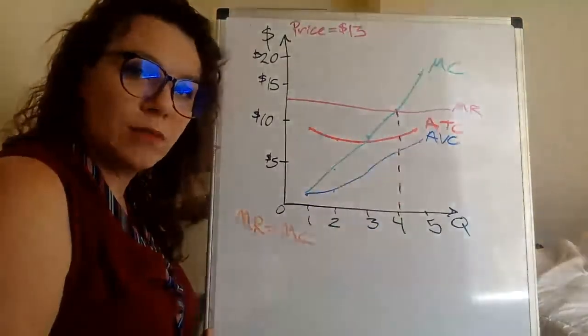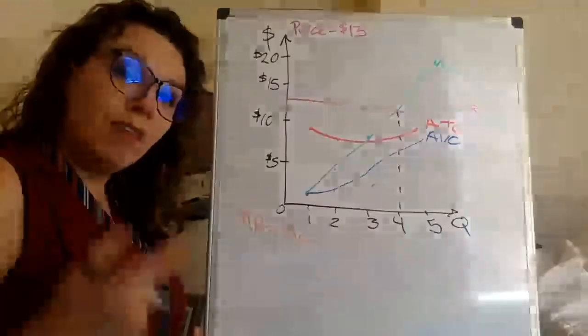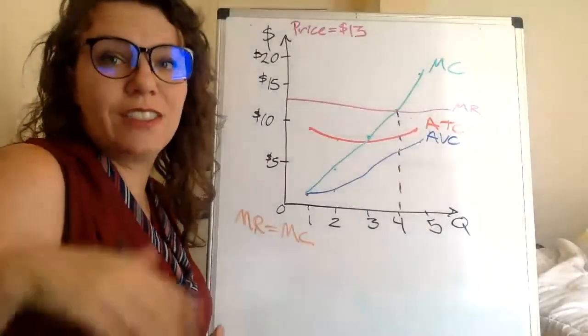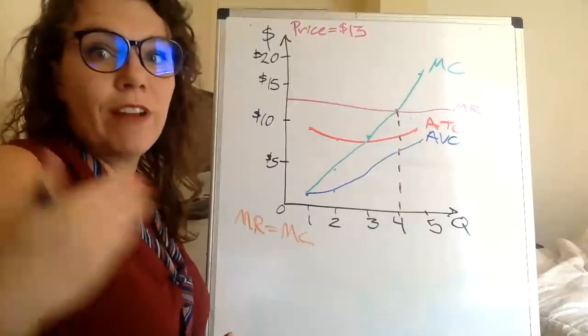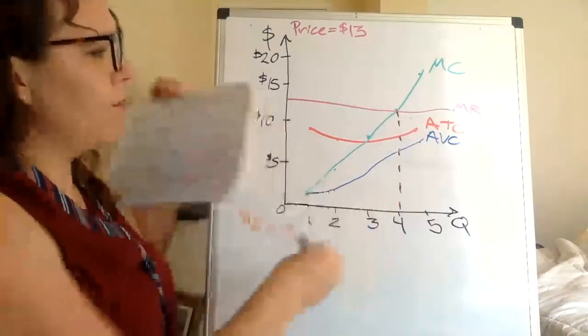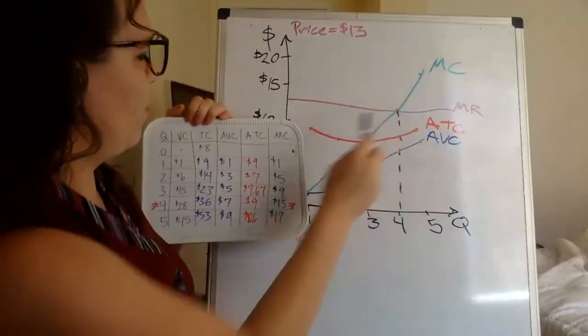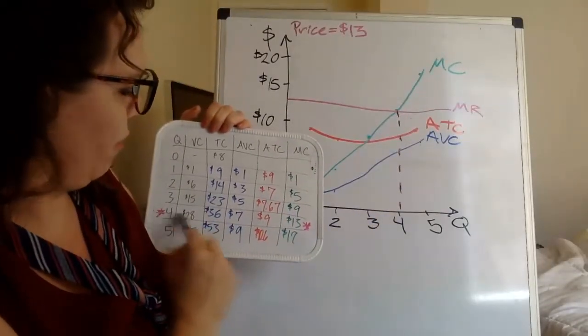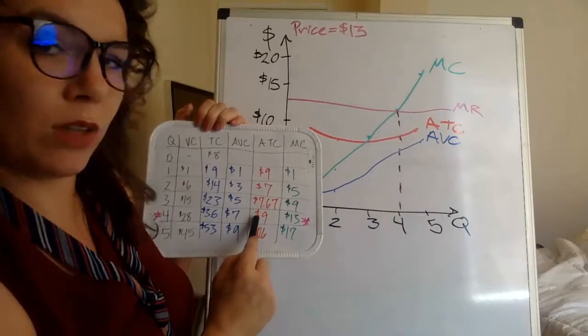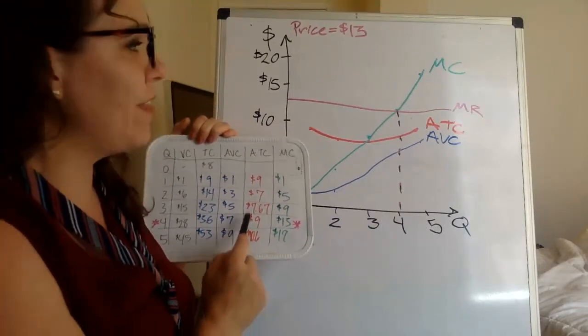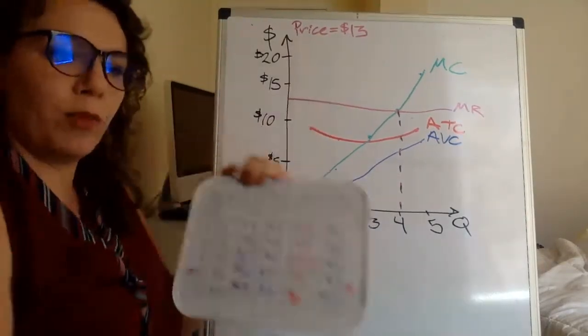In the long run, firms have to consider their fixed costs in addition to their variable costs. So we want to compare marginal revenue to average total cost. And we can do that on the graph or in the table, but at a quantity of 4 units, average total cost is going to be $9, and that's still below that marginal revenue, below that price.